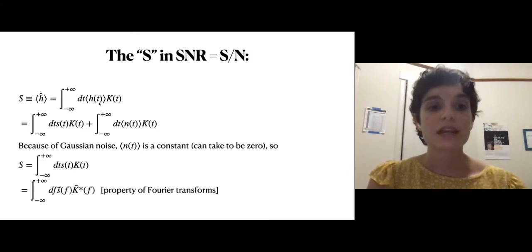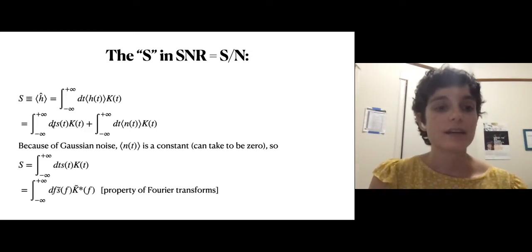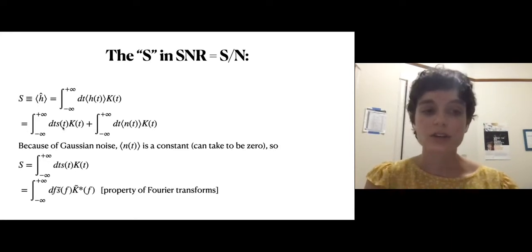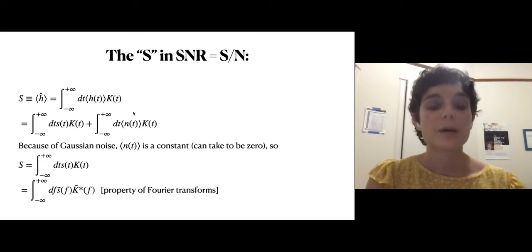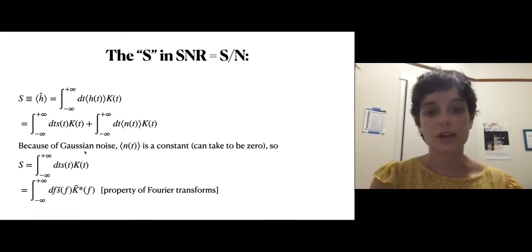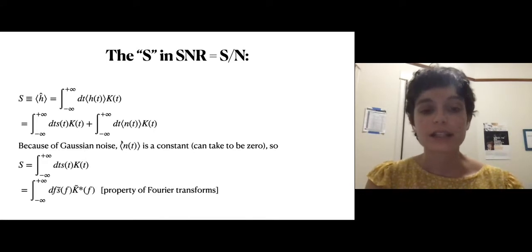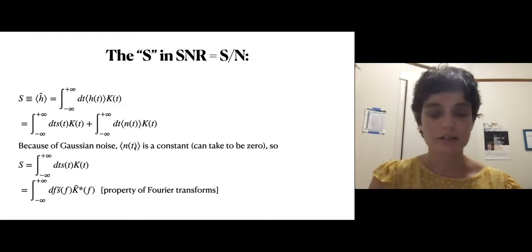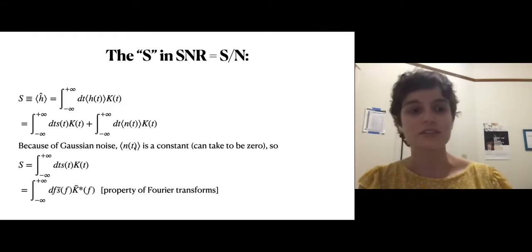We expand h(t) as s(t) plus n(t). Again, s(t) is our signal. That's the same regardless of noise realization, but we can take the expectation value of n(t) over different noise realizations. But because we have Gaussian noise, this expectation value is just a constant, which we can take to be 0 if there's some offset subtracted beforehand.